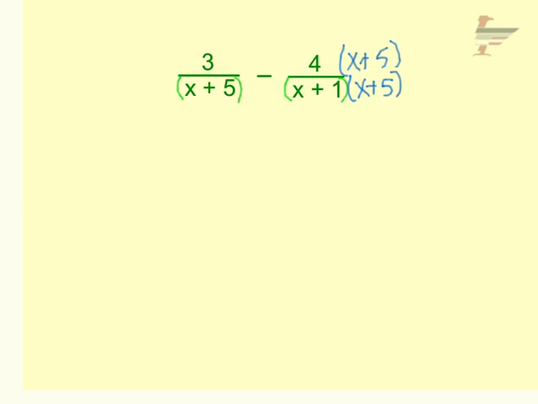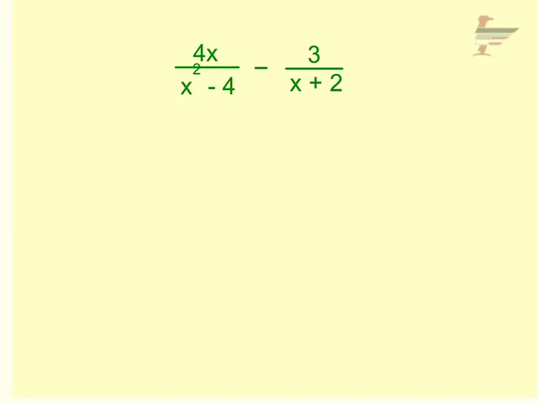Not yet, because the one on the right has that x plus 1, which means we need an x plus 1 on the left one. So if you look at the denominators, you have an x plus 1 and an x plus 5, and here you have an x plus 1 and an x plus 5. So I'm not going to continue the problem, but that's how you build up that common denominator. So watch the video on a specific example or two for how to work these out.